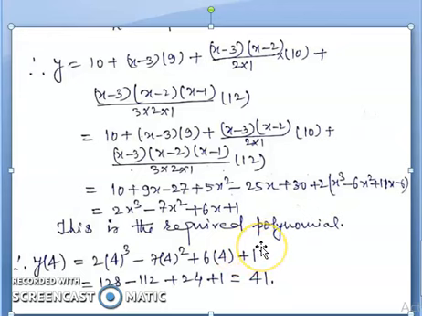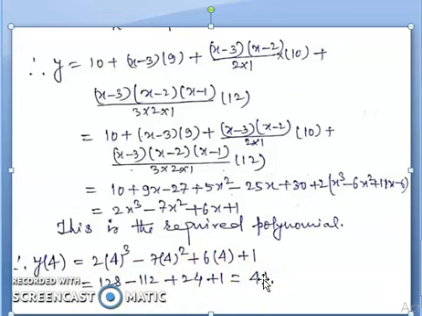Now we also have to find y4. So for y4, on substituting x equal to 4, we get 2 of 4 to the power 3 minus 7 of 4 square plus 6 of 4 plus 1, and after simplification we get y of 4 equal to 41.